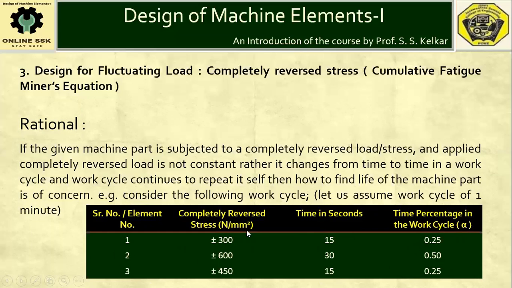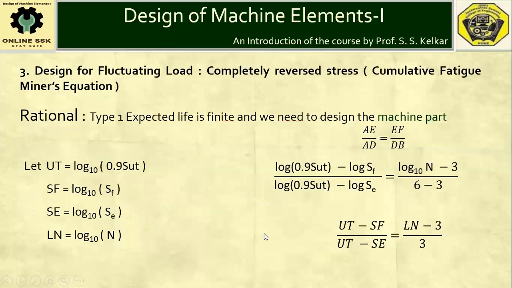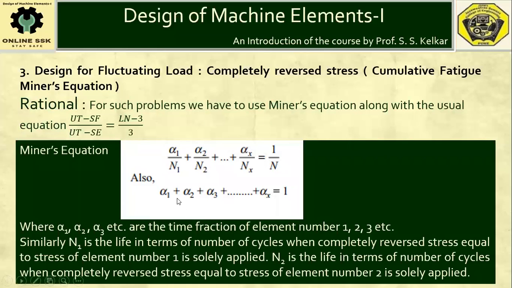Element number 3, wherein the completely reverse stress developed inside the machine part is 450, lasts for 15 seconds. So alpha 3 is again equal to 0.25. So these are the values of alpha 1, alpha 2, alpha 3: alpha 1 is 0.25, alpha 2 is 0.5, alpha 3 is 0.25 in our case. So the summation of all alphas will be equal to 1.